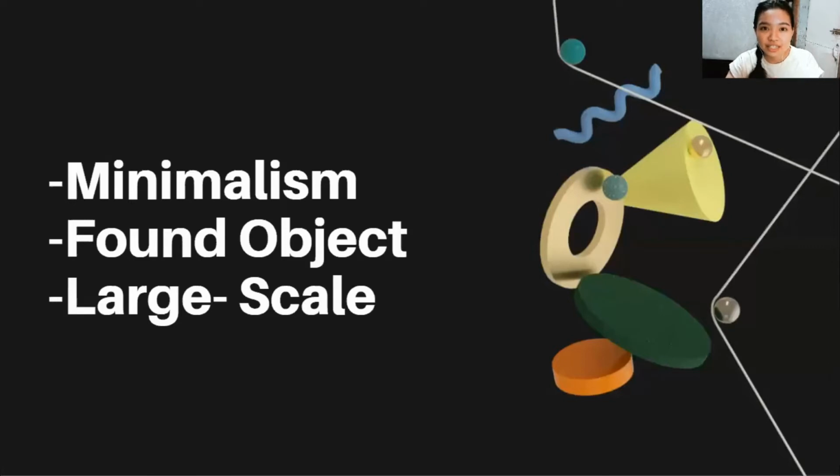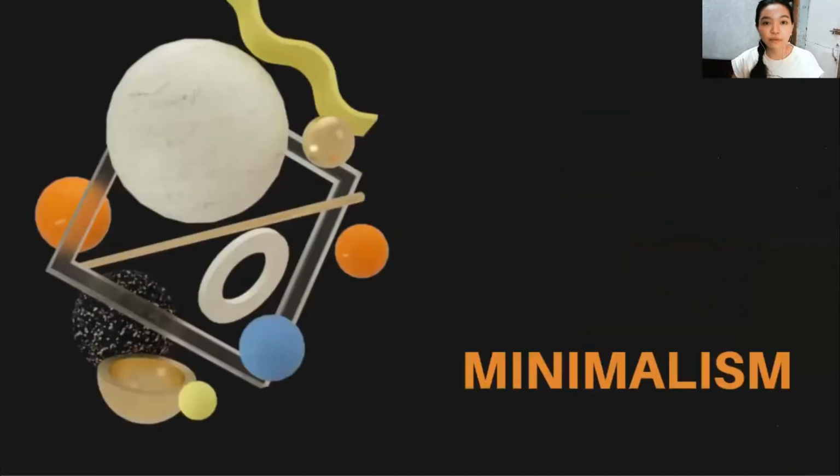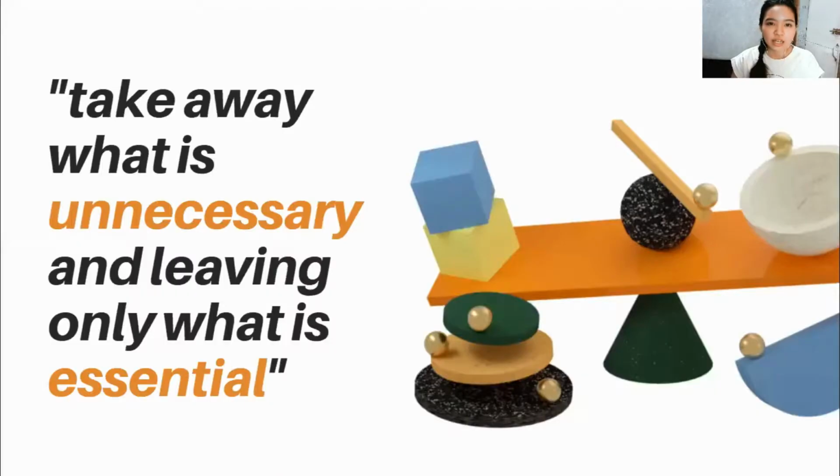For this topic, there are three contemporary techniques, mainly minimalism, found object, and large-scale art. We'll start off with minimalism. The main concept of minimalism is to take away what is unnecessary and to leave only what is essential.